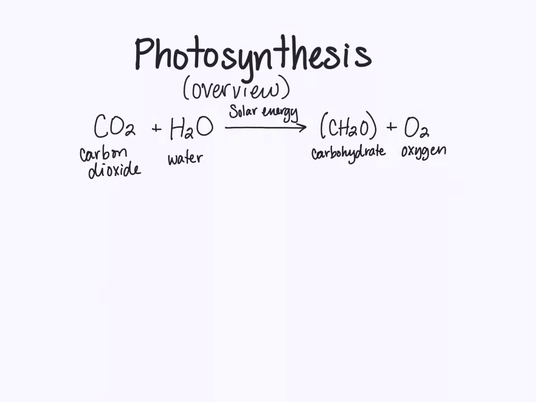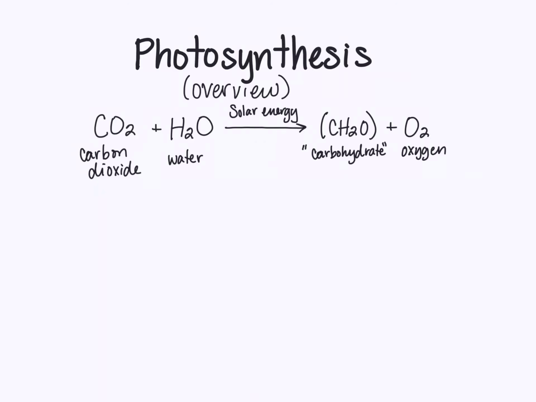Now, I use this CH2O as a placeholder for carbohydrates because photosynthesis makes a molecule that can then be converted into different types of carbohydrates. Another way that we could write this equation is if we were to take a look at this equation happening 6 times.